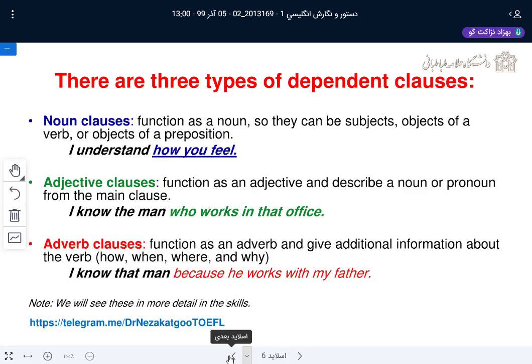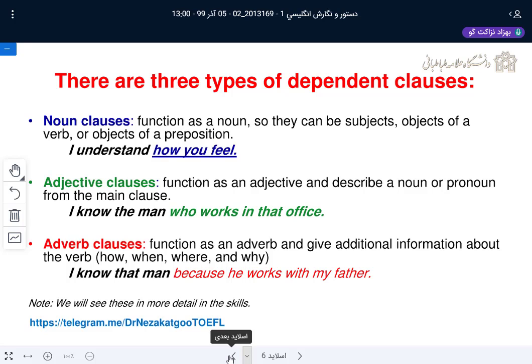I understand something. I understand it. Instead of it, I can write how you feel. When you're writing a noun clause in the objective form, the subject-verb pattern is ordinary. We do not invert them. We never say, how do you feel? We say, how you feel.